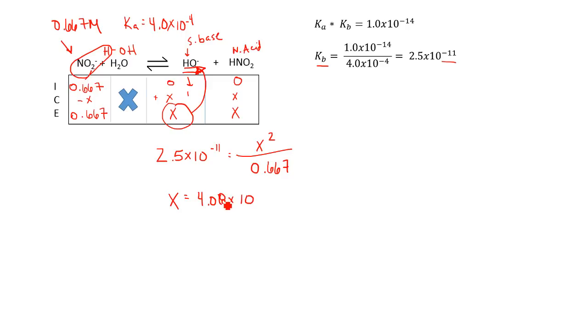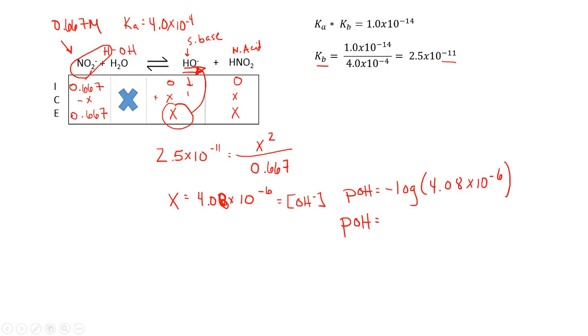4.08 times 10 to the negative 6th. That is my hydroxide concentration. So if I take the negative log of that, I can find pOH. pOH in that case is 5.38, I think.